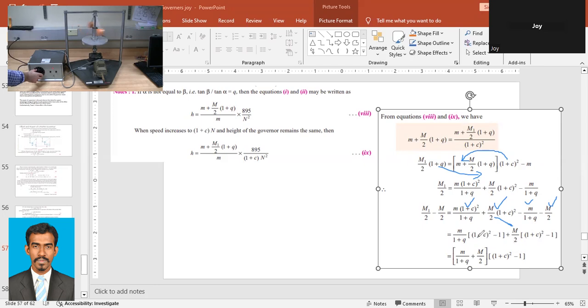So I'll take this 1 plus c whole squared minus 1 outside the bracket for both. So what I will be having is m upon 1 plus q plus m by 2, whole bracket, into 1 plus c whole squared minus 1. These are all simple mathematics to arrange it to bring it to a certain format.